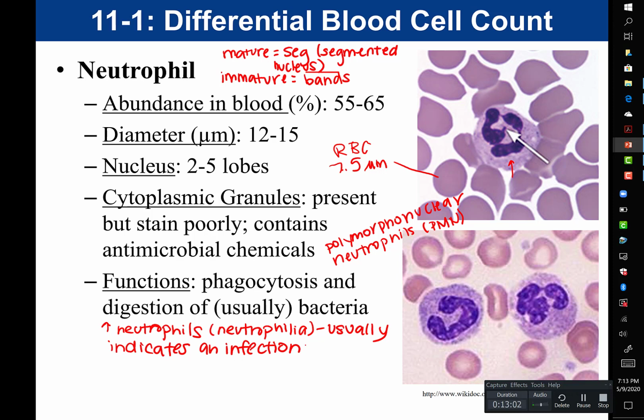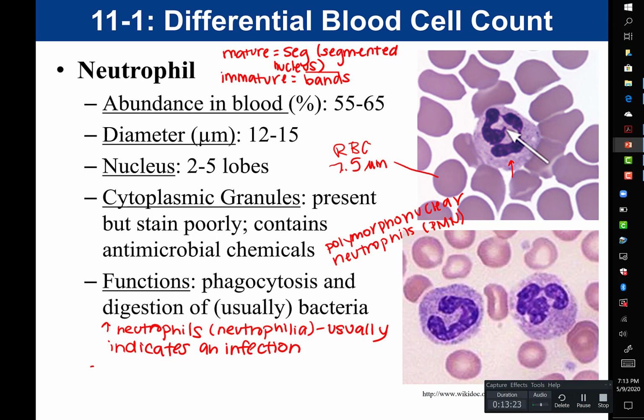So if we see a patient who has an increase in the number of neutrophils, that again is referred to as neutrophilia, and this is usually an indication that the patient has some sort of infection. And so that is a good way to know if a patient has some sort of active infection.